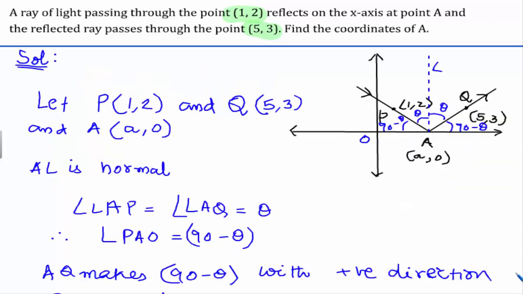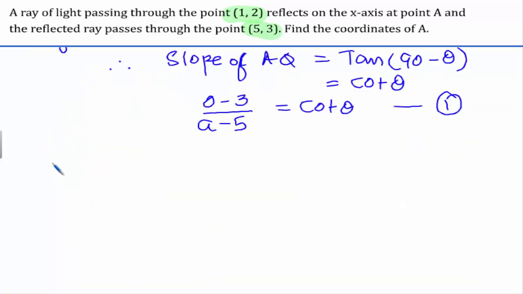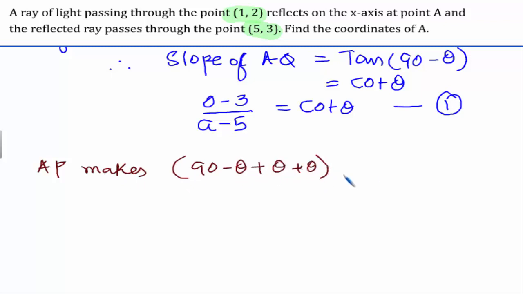Now when we look at this AP, this positive angle, let me draw with a different color. This total positive angle will be 90 plus theta. So we can write here AP makes 90 minus theta plus theta plus theta, that is equal to 90 plus theta with positive direction of x-axis.